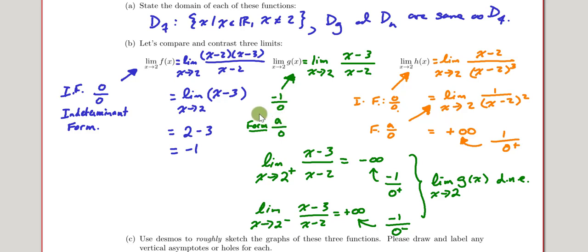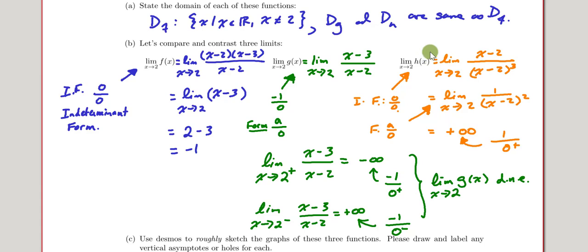But always when I get to the form of a over 0, notice that's different than 0 over 0, always when I get to that form, I can give some sort of conclusive answer. I can compute the limit to be infinity or minus infinity, or state that the limit doesn't exist. And these two questions here were our 2.4 questions.